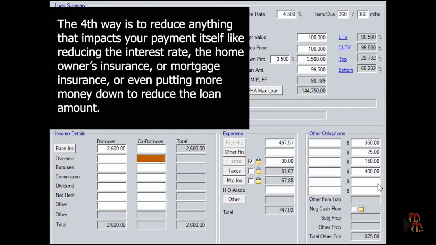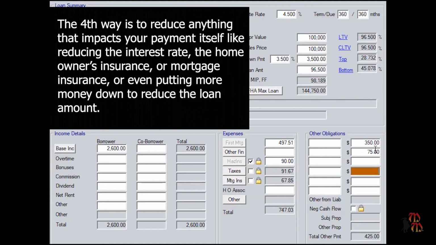Right. The third way that you can reduce your debt to income ratio is, of course, to pay off debt. So if we didn't have that car payment, take that out. Let's say that you were able to pay off that ring. Now your debt to income ratio drops to 45%.